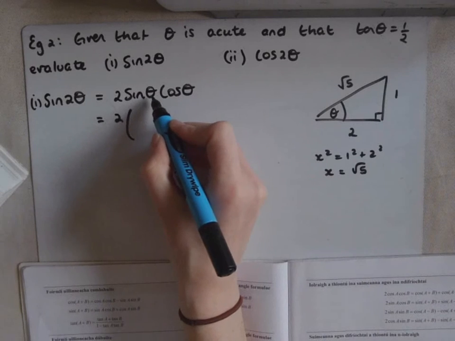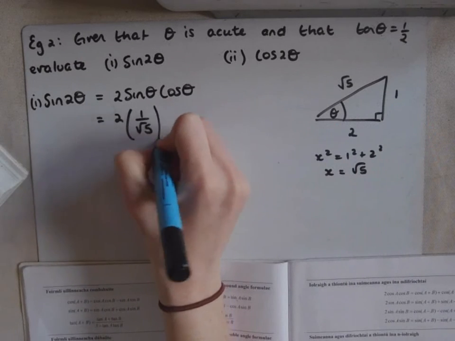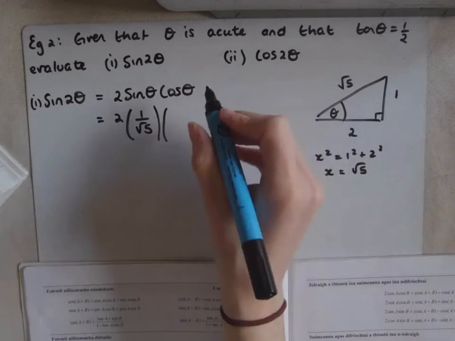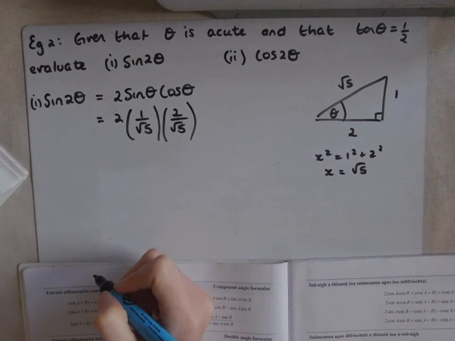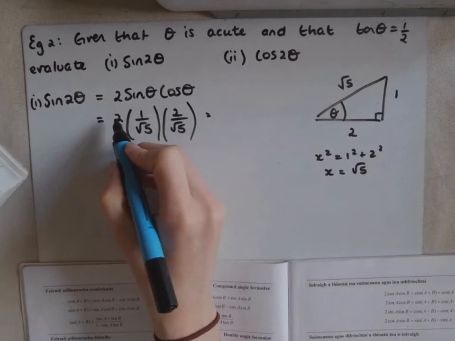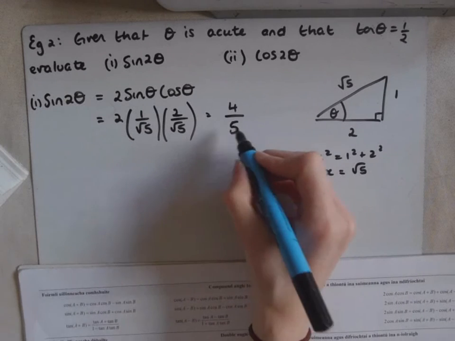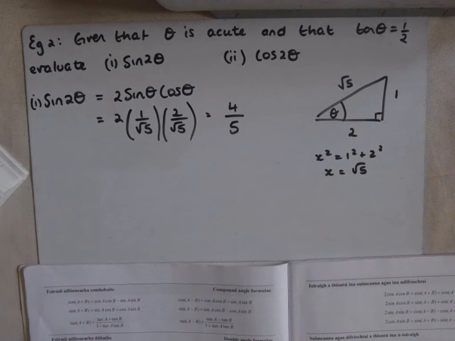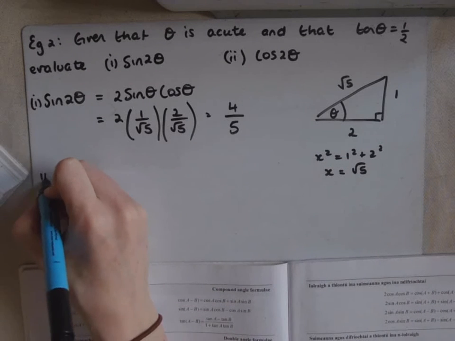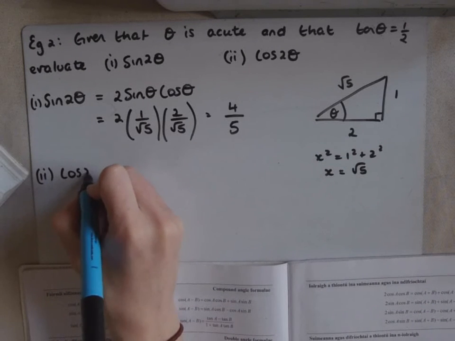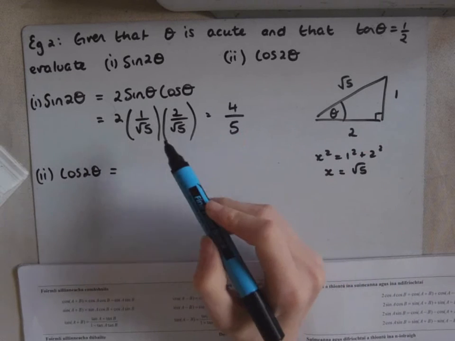Now, sine of theta is opposite over hypotenuse, 1 over root 5. And cos of theta is adjacent over hypotenuse. Okay, so you're just going to multiply all the top, so that's 4. And root 5 by root 5 is just 5.